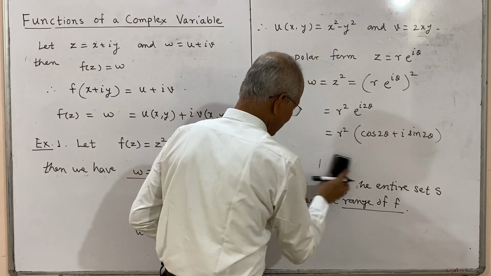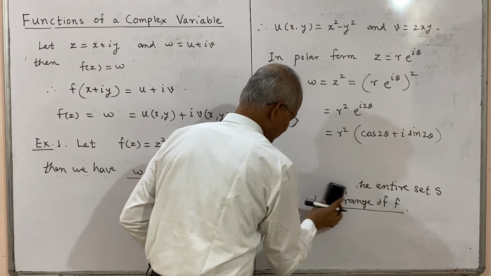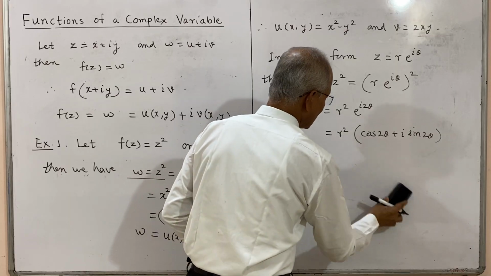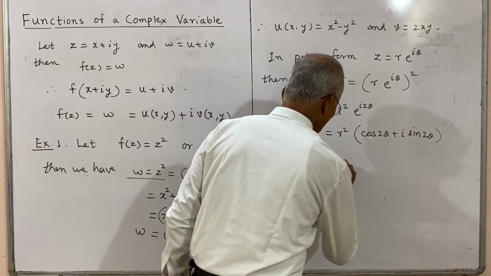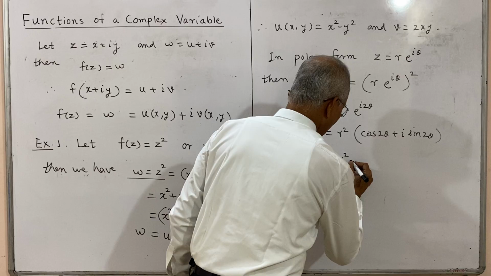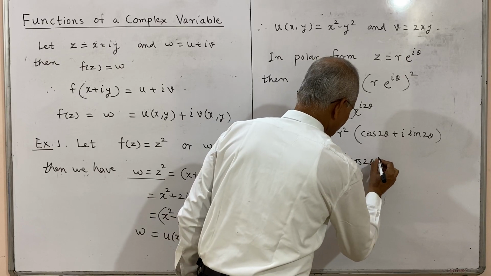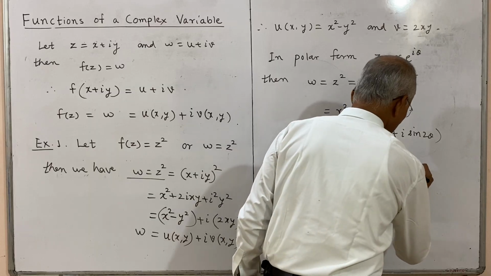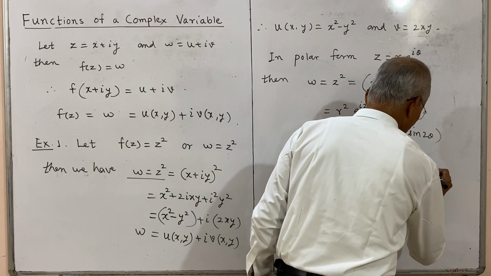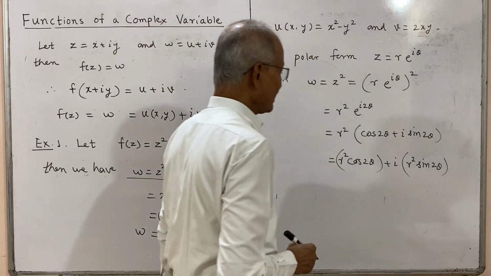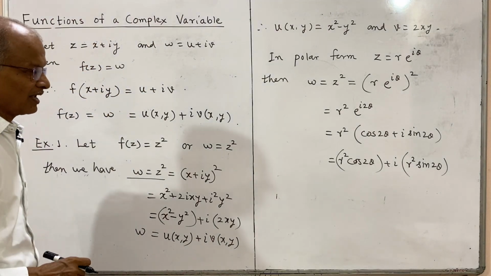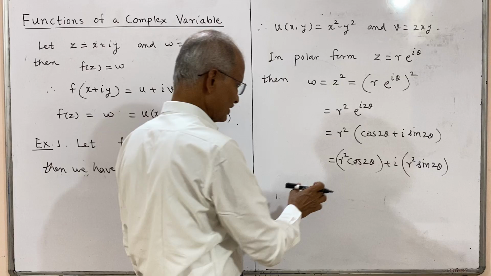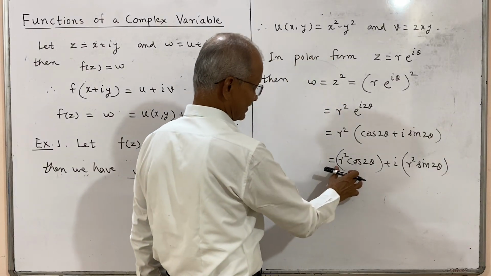and further this is equal to r square cos 2 theta plus i into r square sin 2 theta. And now we write this again as u plus iv, where u is a function of r and theta.